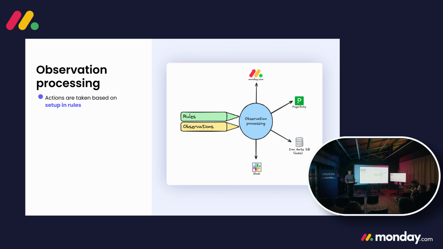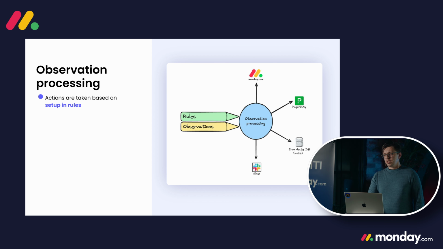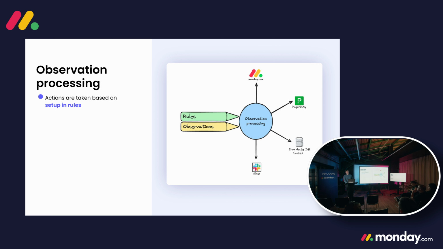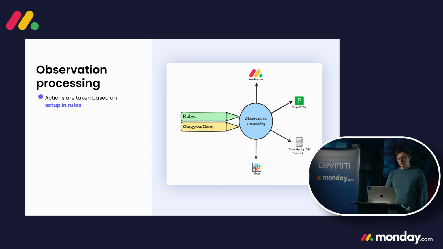First of all, we have 2 input points there. First, we get the observation that was created by event processing, and also we get the rules that were defined by developers. Inside those rules, developers can specify which action should be taken if specific limits were exceeded. Those actions can be creating items in Monday.com boards.